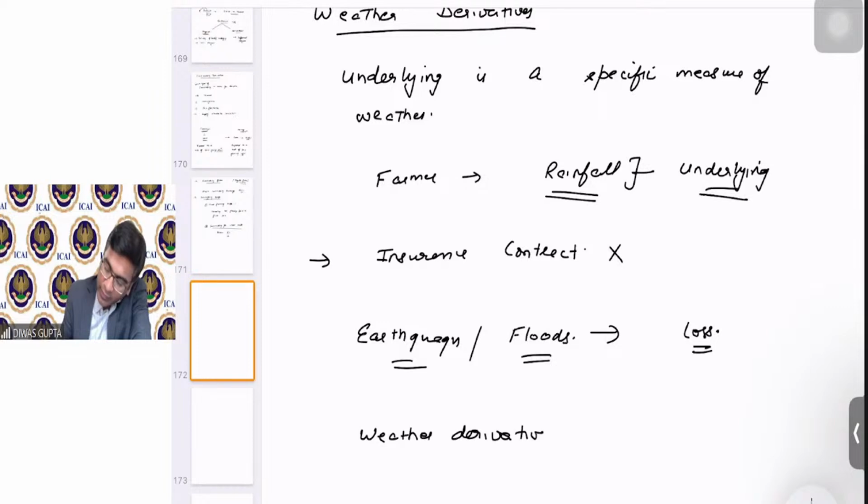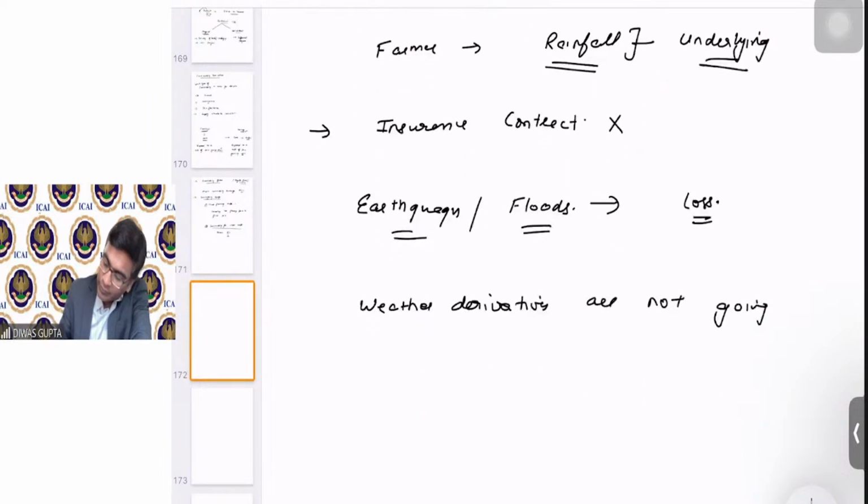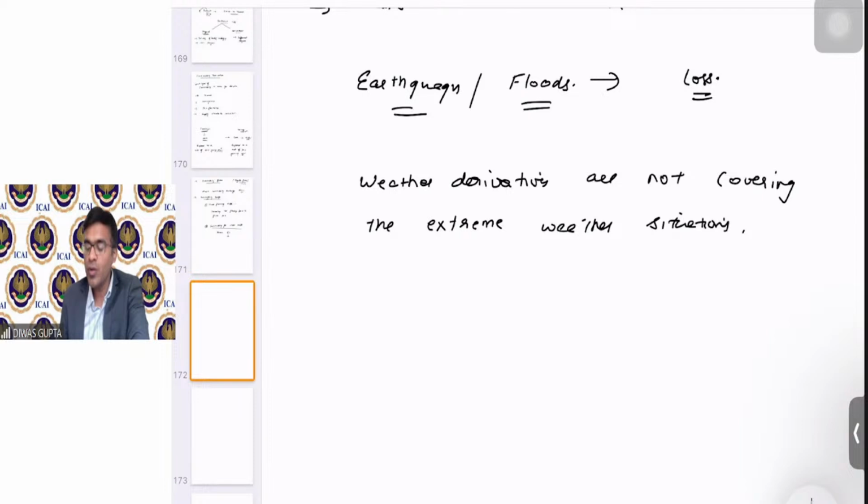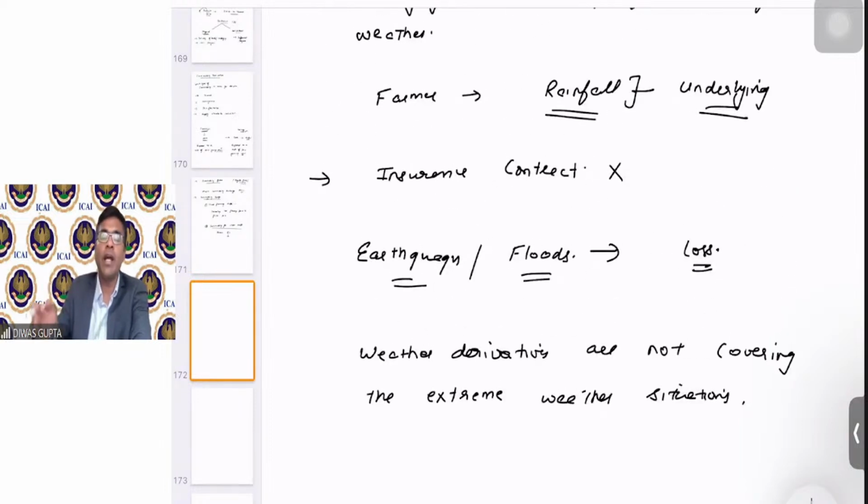Weather derivatives are not covering extreme weather situations. So first of all, students, we want to draw a line between an insurance contract and a weather derivative.